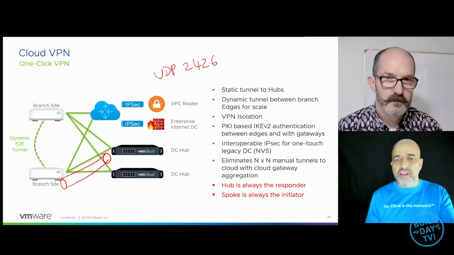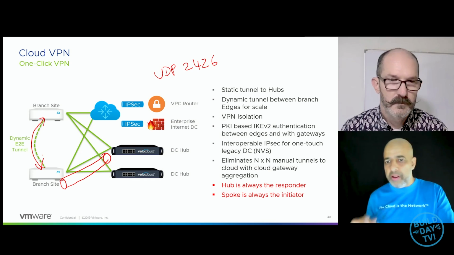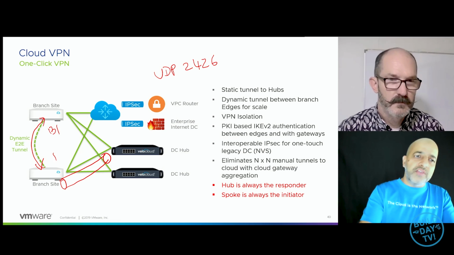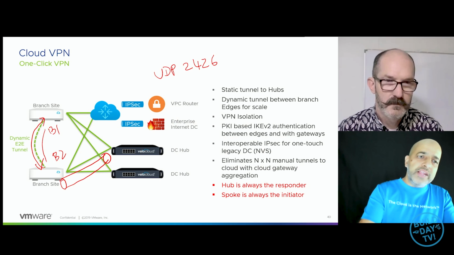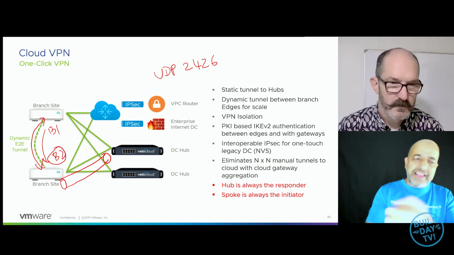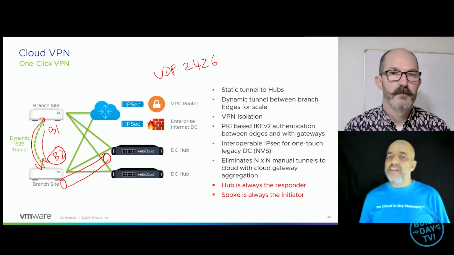So in case you want to build a branch-to-branch VPN, SD-WAN overlay tunnel, let's say this is branch 1 and this is branch 2, then to initiate that tunnel and for branch 2 to accept that traffic, you need to open up UDP port 2426 if you have a firewall running.